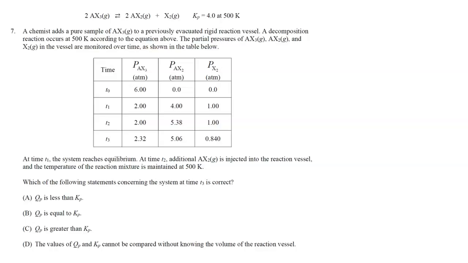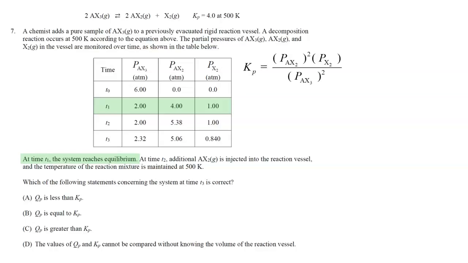The partial pressures of AX3, AX2, and X2 in the vessel are monitored over time as shown in the table below. At time t1, the system reaches equilibrium. So we can see in the table that would be partial pressures of AX3, AX2, and X2 of 2 atmospheres, 4 atmospheres, and 1 atmosphere respectively.